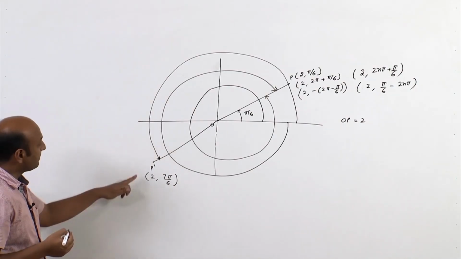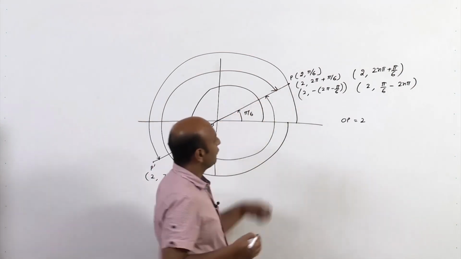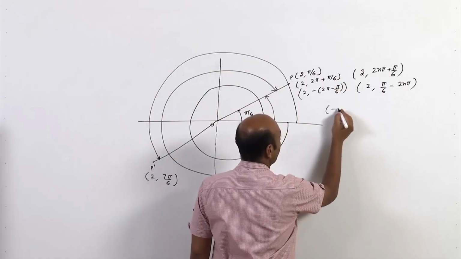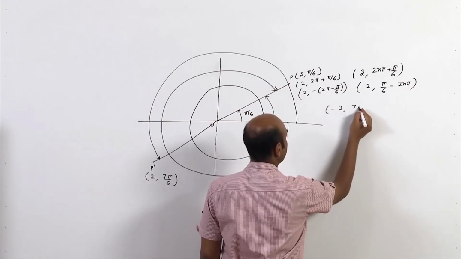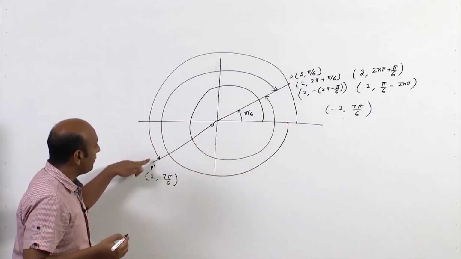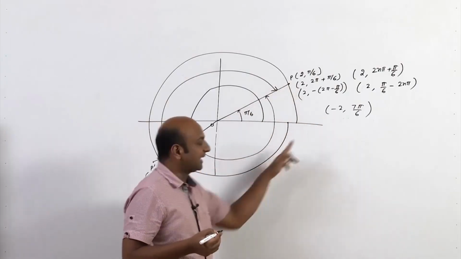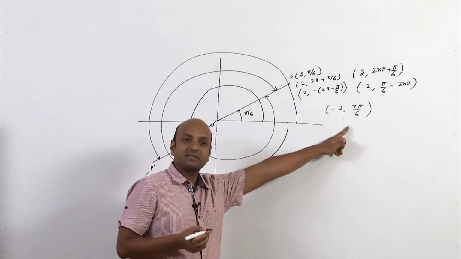Okay. Now, the representation for this point here will be minus 2 comma 7 pi by 6, because if r here is 2 and we move from the initial line in the backward direction, then it will be minus 2, and the angle will remain the same, that is 7 pi by 6.